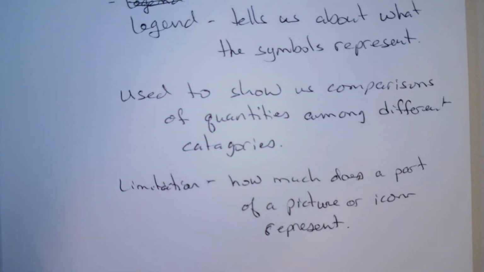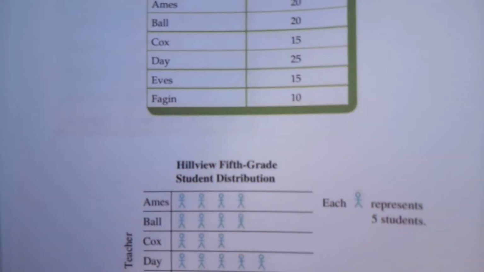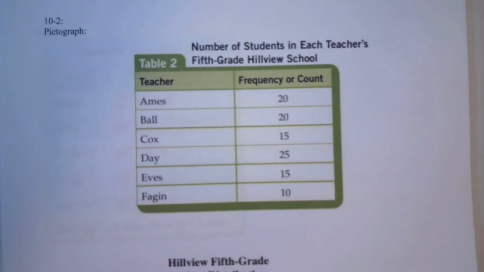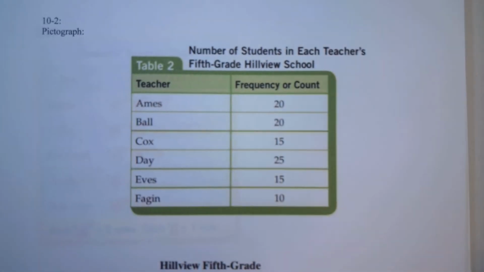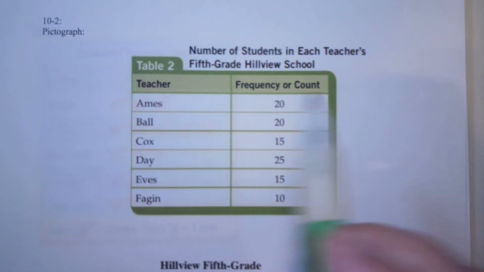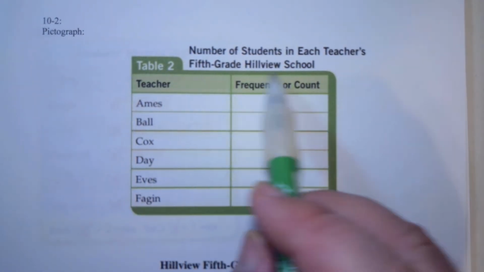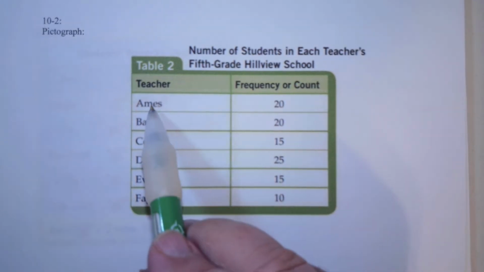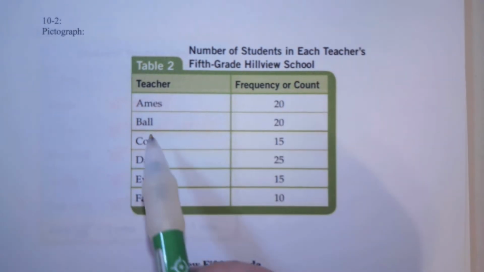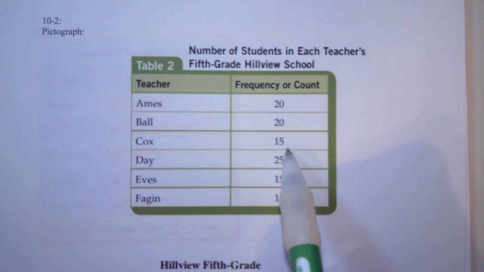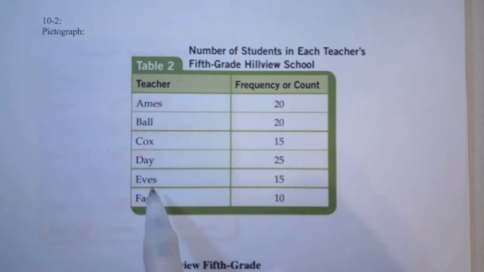Here's some examples. For example, here's our frequency data. Number of students in each teacher's 5th grade at Hillview School. Teacher Ames has 20 students. Ball has 20 students. Cox has 15. Day has 25. Eves has 15. Fagan has 10.